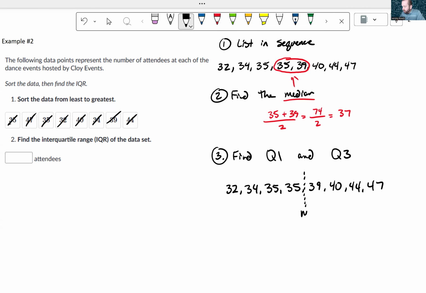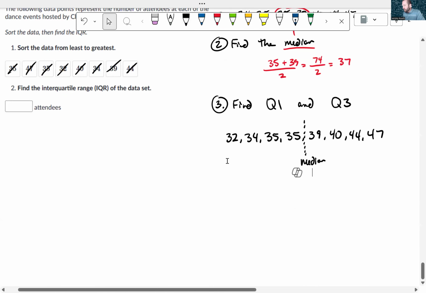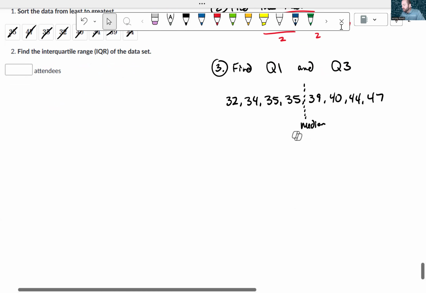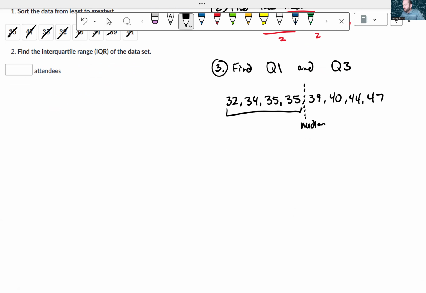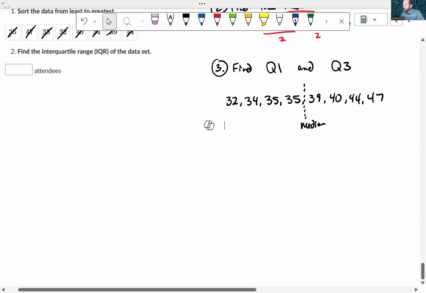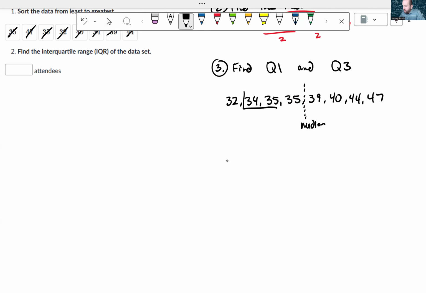That's where we're going to write our median. It's not both of the numbers, it's exactly in the middle. So now we're going to look at what our middle number is from these 4 numbers to find quartile 1. And that's these 2 numbers, which we have 2 numbers now.